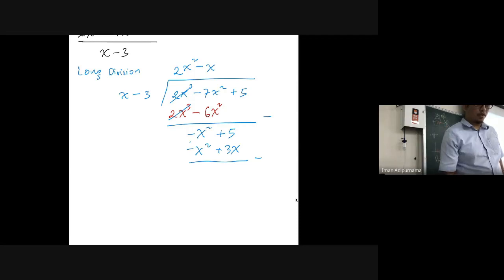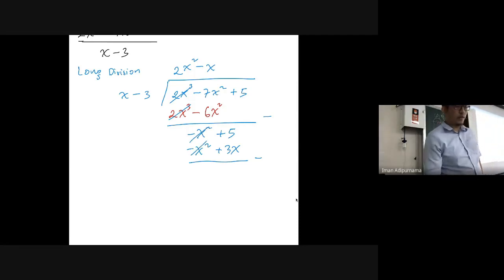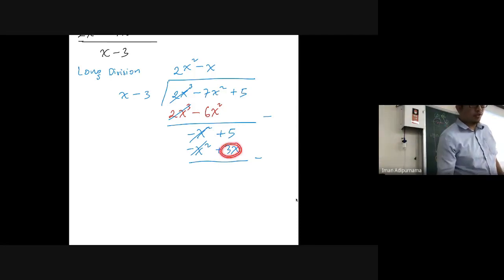Remember, whenever you find you have 3x right here at the bottom, but you don't have any x at the top here, you treat it as 0, 0x.